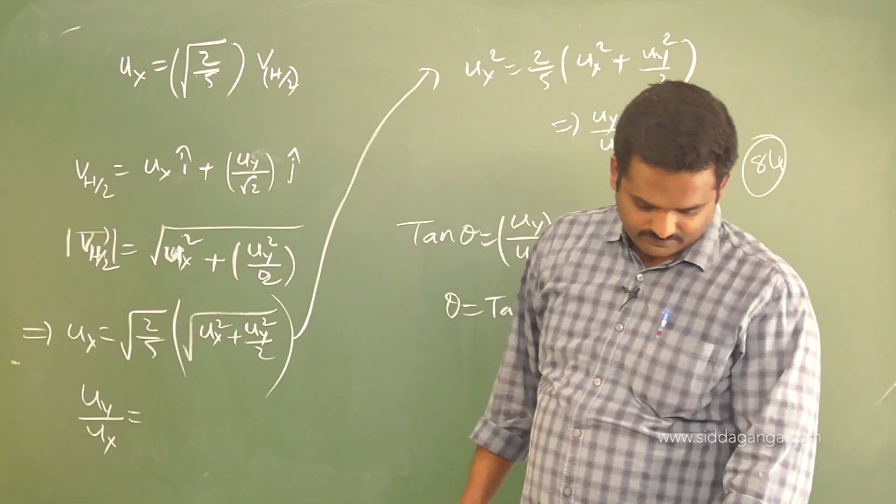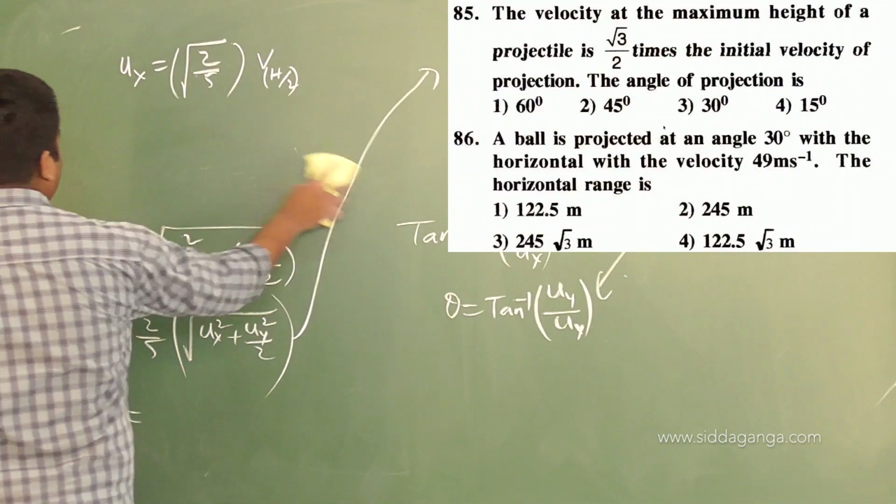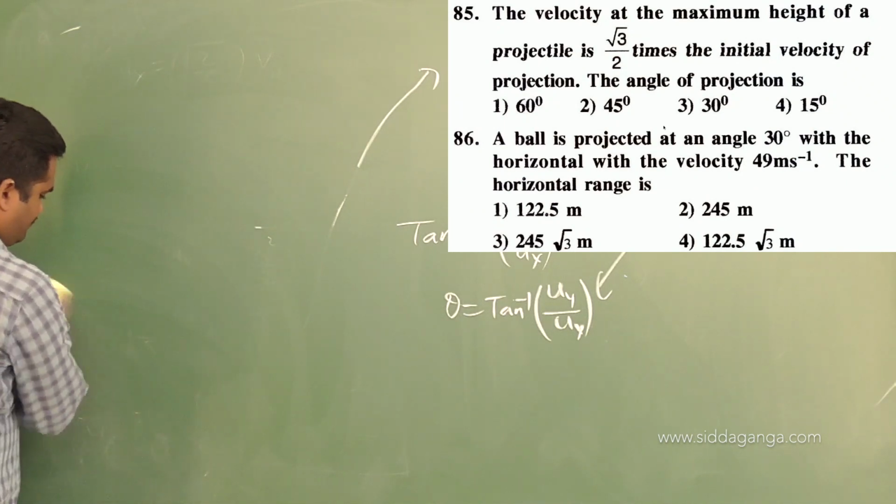85. The velocity at maximum height of the projectile is root 3 by 2 times the initial velocity of projection. Then the angle of projection is?